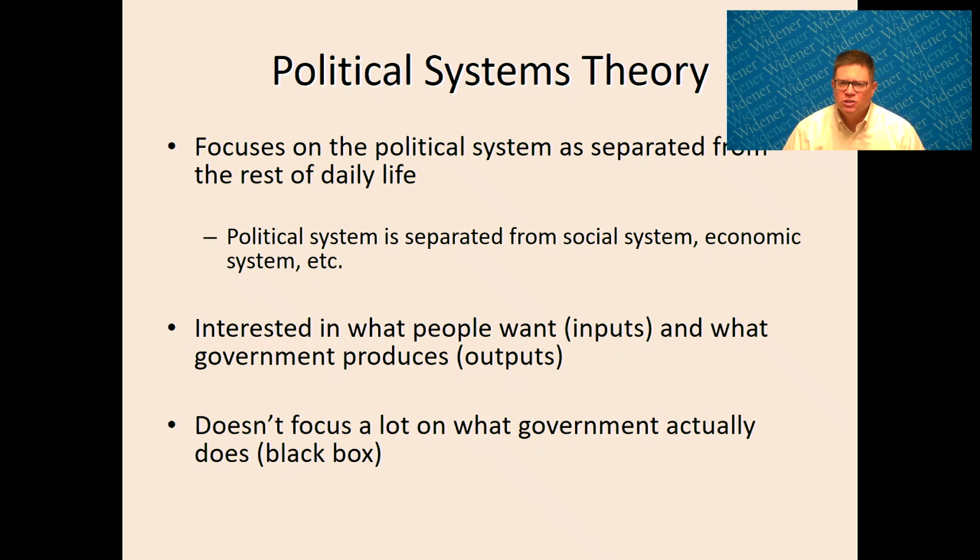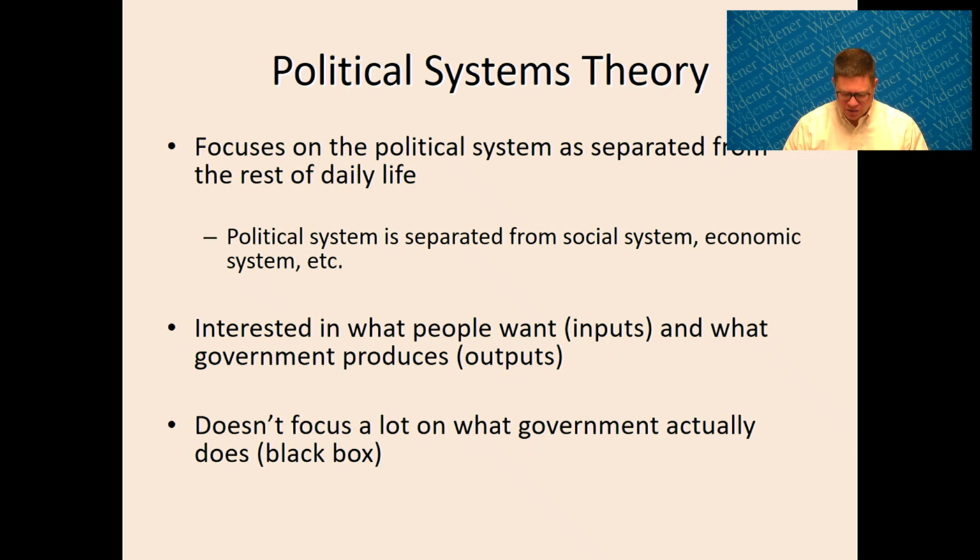So for the political systems theorists, essentially they're interested in what do we input into government and what gets out. And in a properly functioning democracy, the people should generally get what they want out of government, and that way we can study government and analyze public policy to see whether or not democracy actually works.